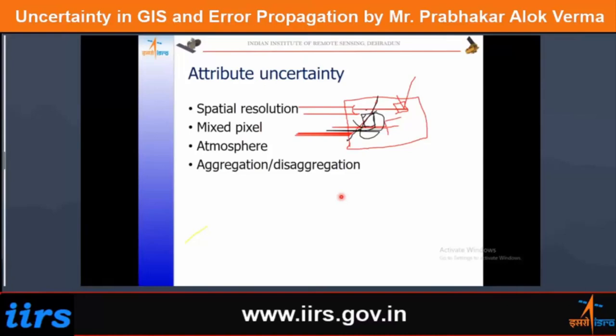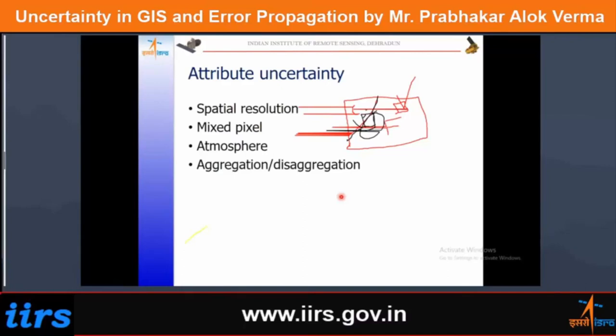And if the contrast of the image is poor, you will not be able to identify objects properly. Obviously, you will be able to identify features which are completely different, like separating forest and water body. They look completely different.